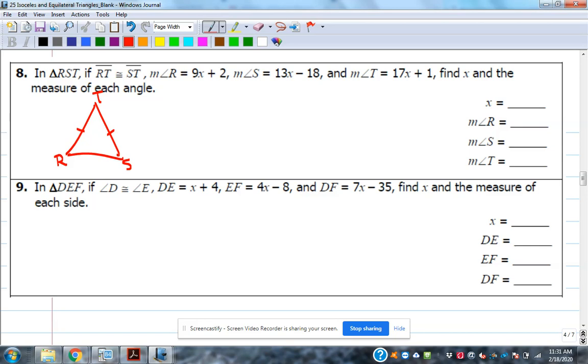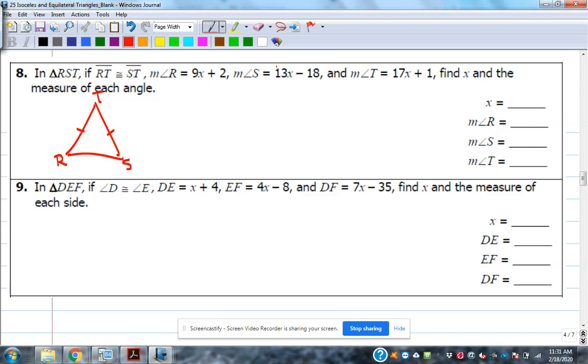So if we know the measure of angle R is 9x plus 2 and the measure of angle S is 13x minus 18, do I even need anything about the measure of angle T? Is it needed information to find x? Not really.